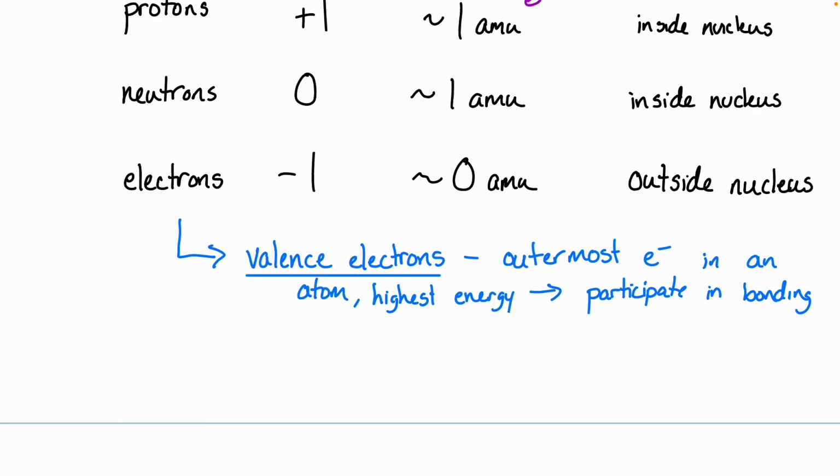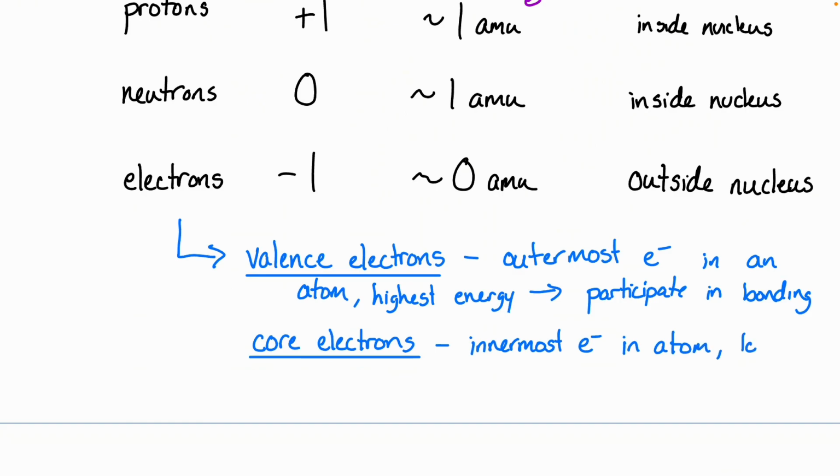Okay, and we differentiate these outermost electrons, the high energy ones that participate in bonding, from what we call the core electrons. Those are those innermost electrons in an atom. They are low energy and do not participate in bonding.